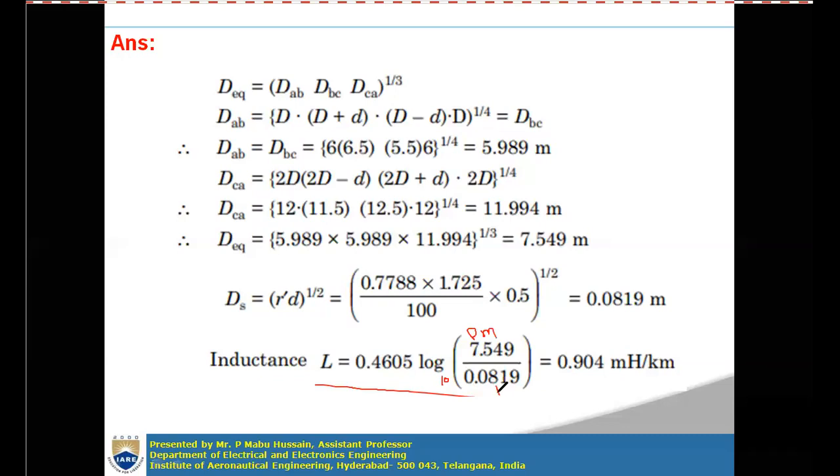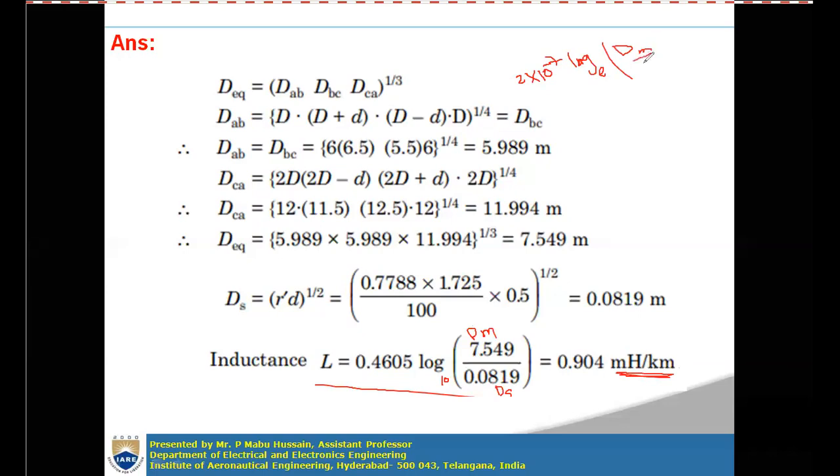The units here will be millihenries per kilometer. Else you can use the usual formula, 2 into 10 power minus 7 ln DM by DS, where ln is a log to the base e and here it is base 10.